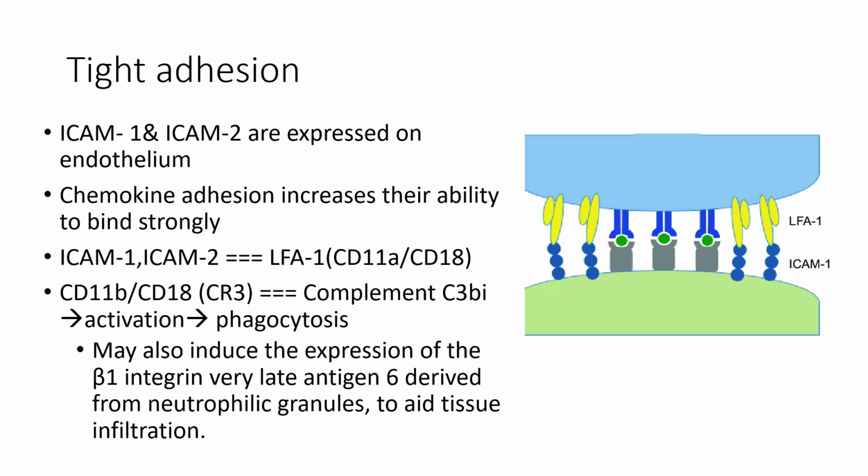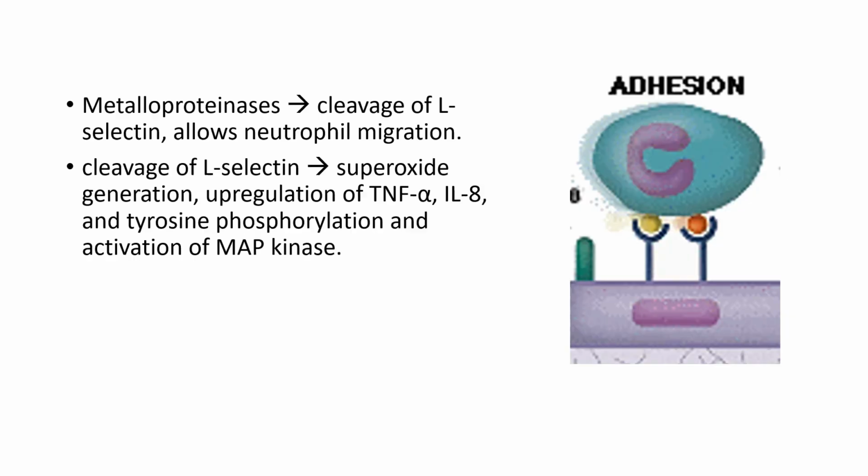CD11B variant leads to formation of complement 3 receptor, also called MAC1. ICAM1 and 2 form tight bonds with LFA on neutrophils. Complement 3 receptor mediates activation of inactive complement 3 to its active state and promotes phagocytosis. This may also lead to expression of very late antigen that might aid chemotaxis.